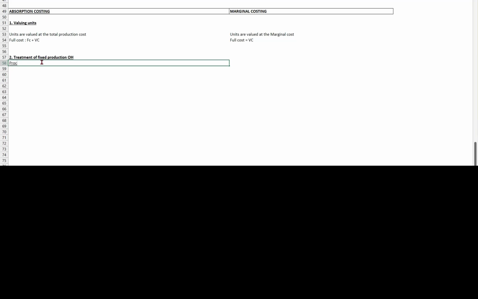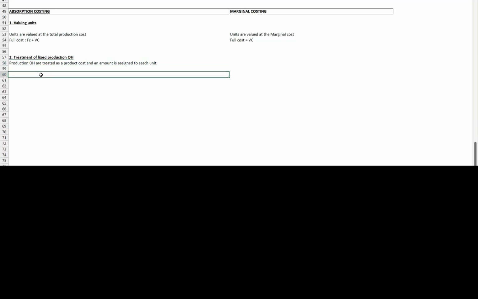So that means production overheads are treated as a product cost and an amount is assigned to each unit, and this happens in case of absorption costing, right?